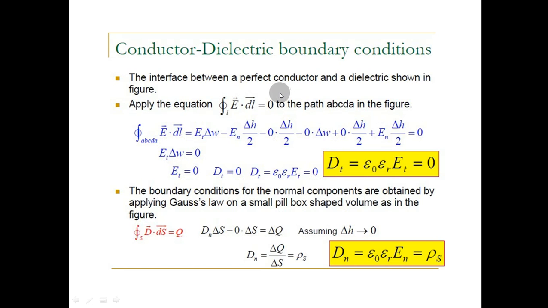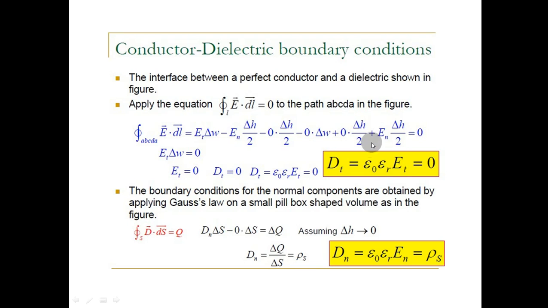Now in the conductor dielectric boundary condition, we have the interface between a perfect conductor and a dielectric, as shown in the figure. We apply the equation, the closed path integral of E dot dl, the dot product of electric field and infinitesimally small length, which is equal to 0, to the path ABCD in the figure. From this equation we have Et del W minus En del H by 2 minus 0 dot, because in a conductor medium E is 0, so those two terms will be 0.